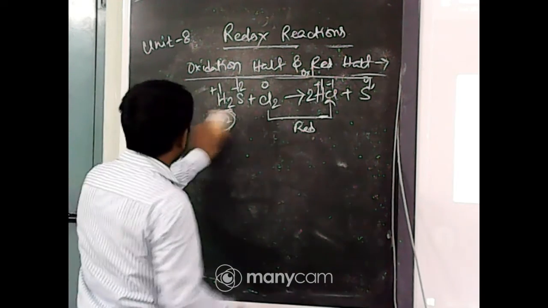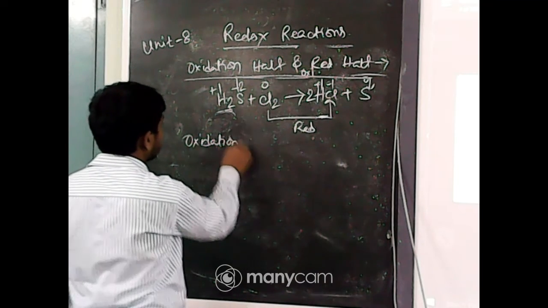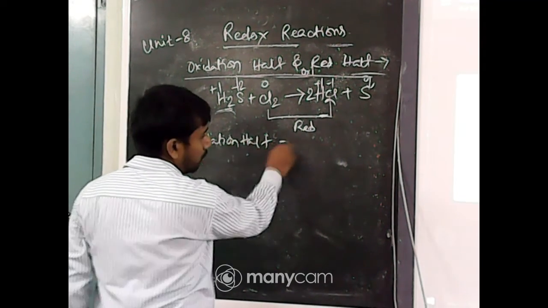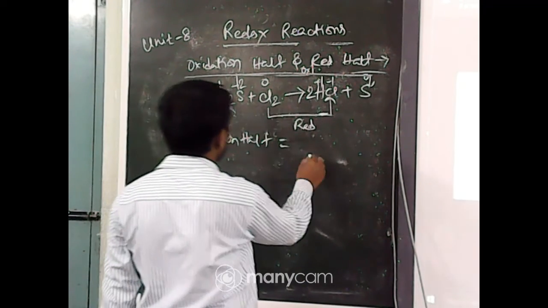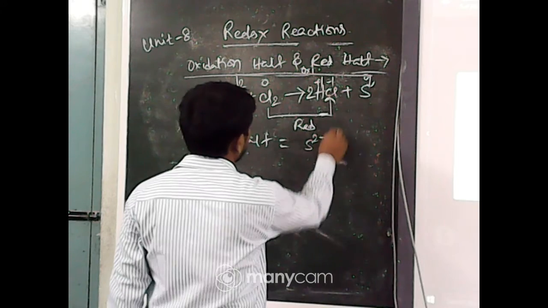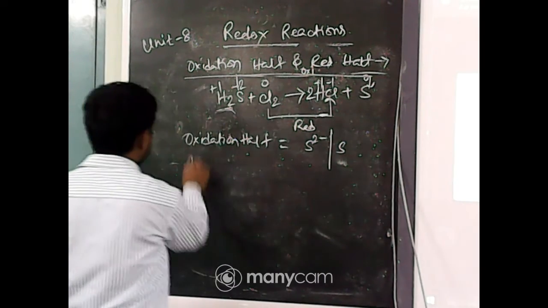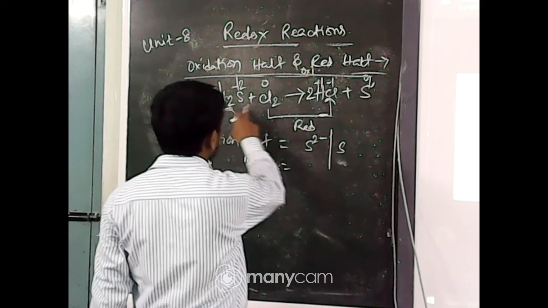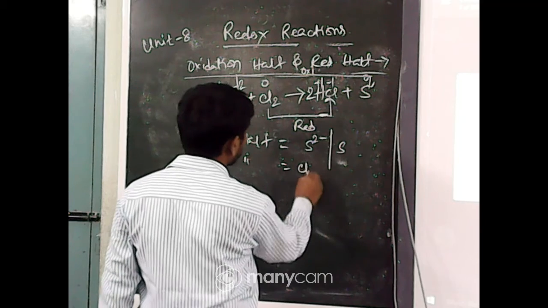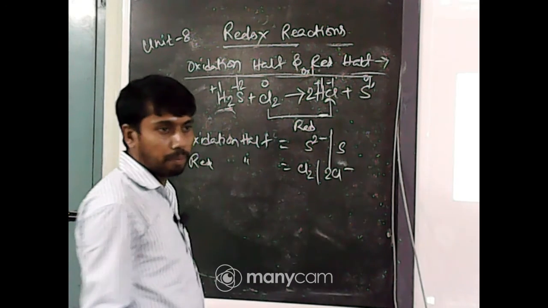So we can write the oxidation half: S2- to S, and the reduction half: Cl2 to 2Cl-.